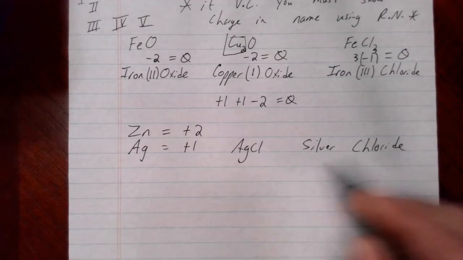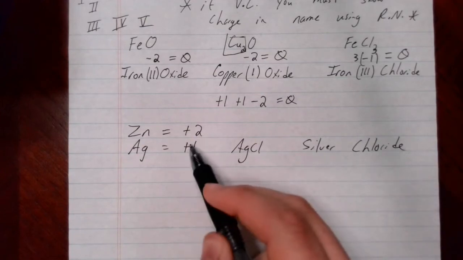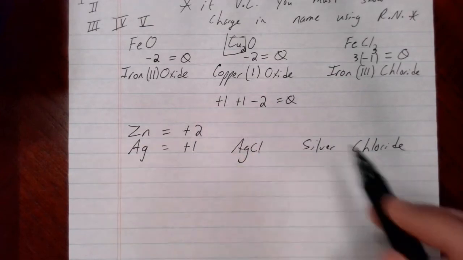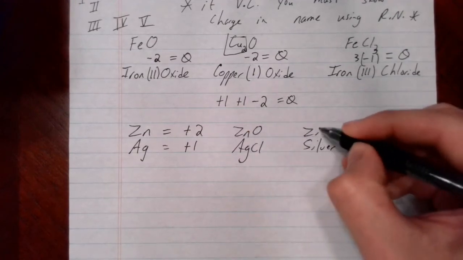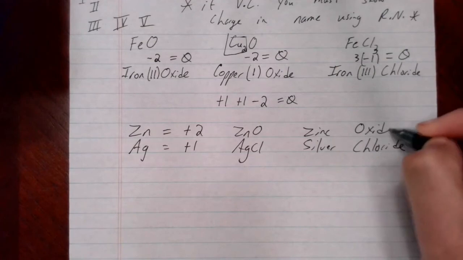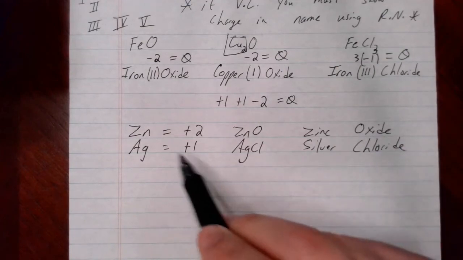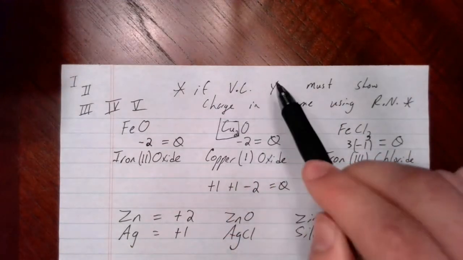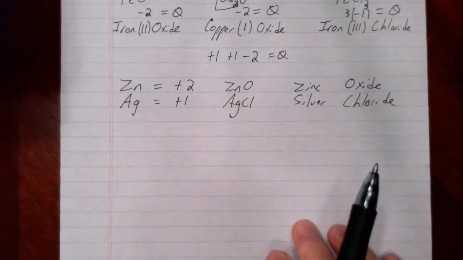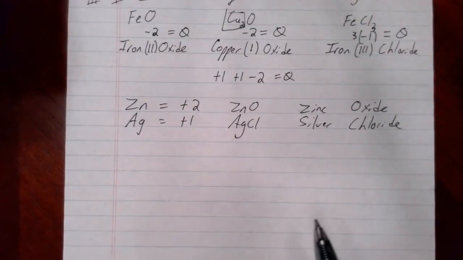It's not silver 1 chloride because I know silver's charge is plus 1. It doesn't have a variable charge, so it's just silver chloride. Zinc, ZnO, is just zinc oxide. It's not zinc 2 oxide because I know zinc's charge is plus 2. That's why I stepped back. I didn't say if a transition metal, I said if it has a variable charge. The variable charges are the transition metals that aren't zinc or silver.